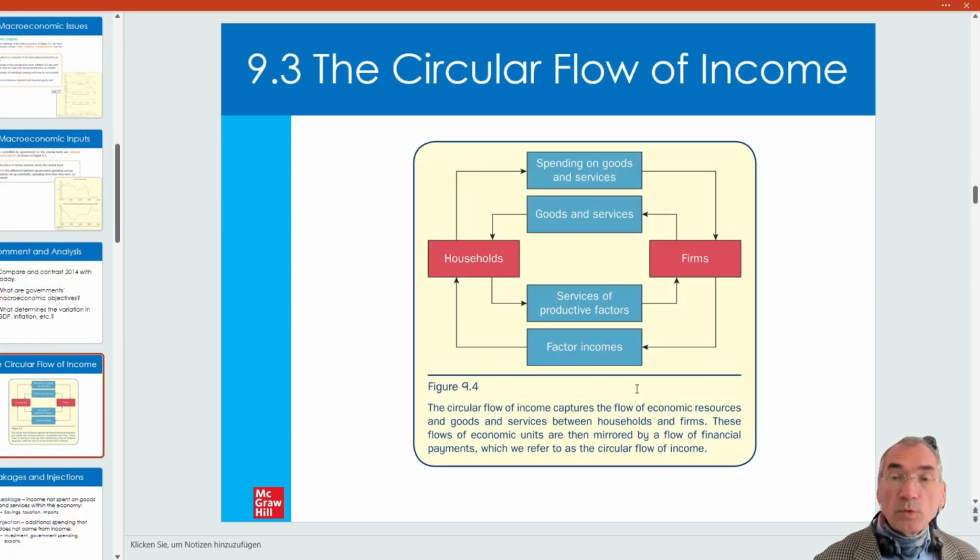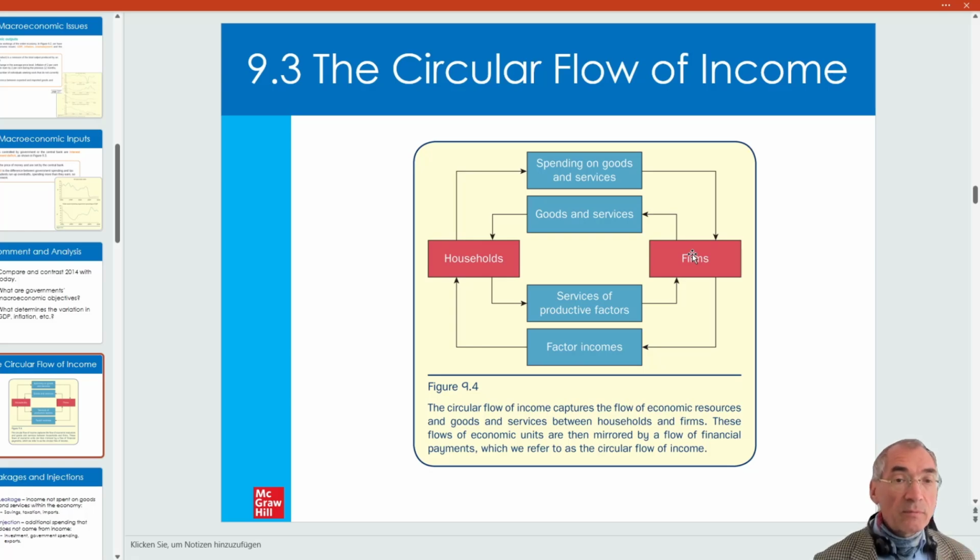This leads us to the first key issue of this video, as we are talking about the circular flow of income. And you see here the circular flow of income is a flow, first of all, in what we call the inner flow in figure 9.4 between households and firms.